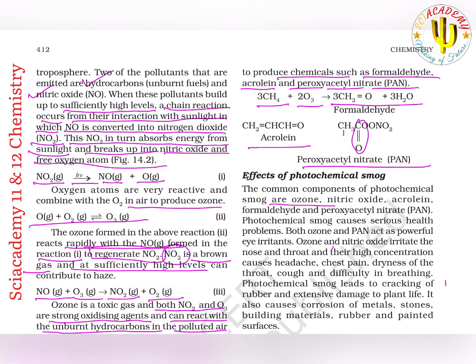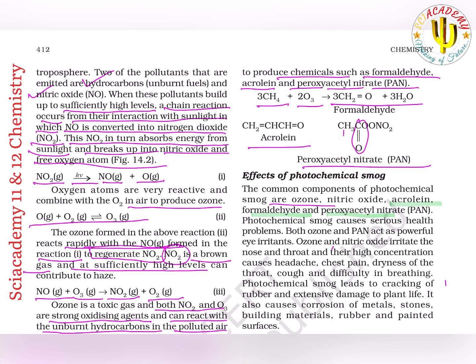Effects of photochemical smog. The common components of photochemical smog are ozone, nitric oxide, acrolein, formaldehyde, and peroxyacetyl nitrate, that is PAN. Photochemical smog causes serious health problems.